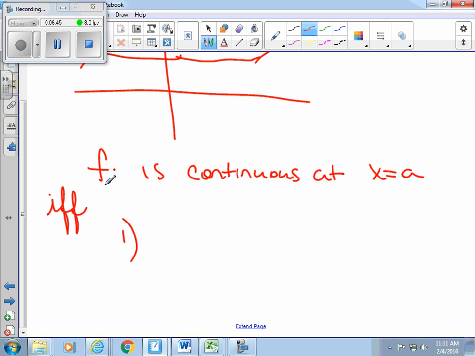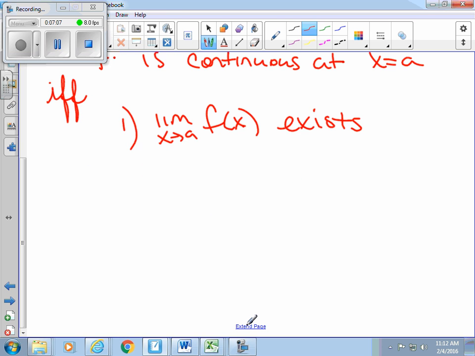If what, first of all? The limit as x approaches a of the function. If it doesn't D and E, I'm just going to undo that double negative and say exists. Yes. If it doesn't not exist, I like it.